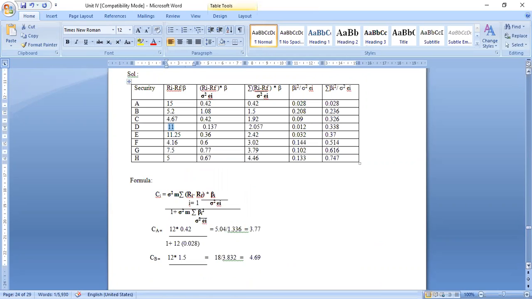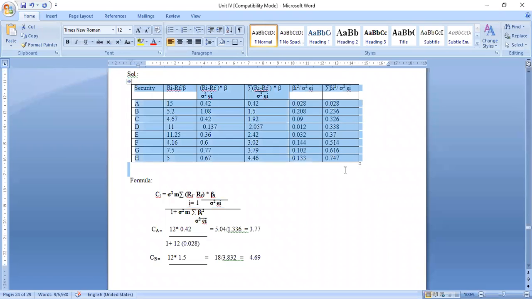Now once we have calculated Ci, it is simple. Once we prepare the table as per the requirement of the formula, and we have already calculated the values for summation Ri minus Rf divided by residual variance into beta i, which is required in the numerator, as well as the values required for the denominator.